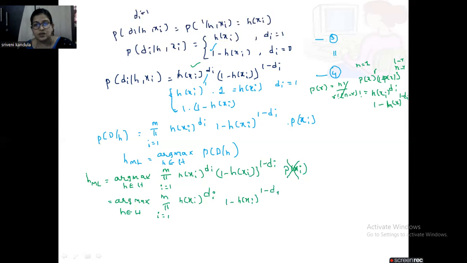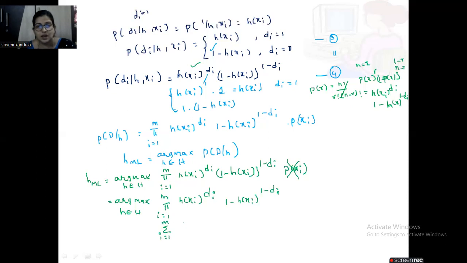Now, what is our aim? I want to minimize the sum of the square error. But here what is happening? Here I am having a product term. That means I will get a maximum value, but I wanted a minimum value. So I want to convert this product to summation.